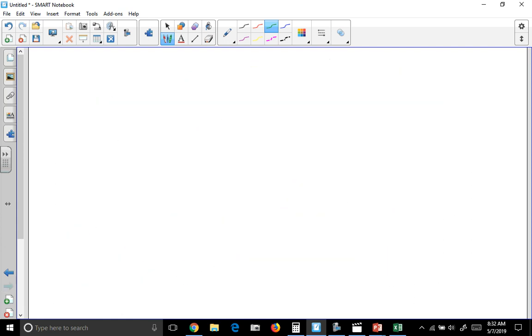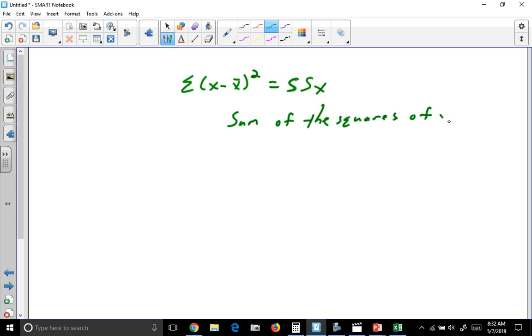Now, for some notation, we will often refer to this as SS of x, or the sum of the squares of x. So when we hear the sum of the squares of x, if you just said that, you would think, well, the squares of x are x squared, and then add those up.